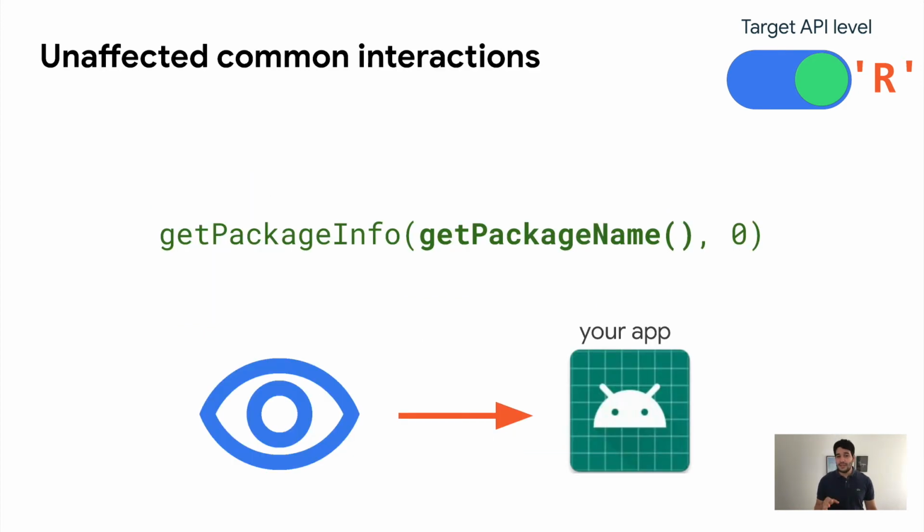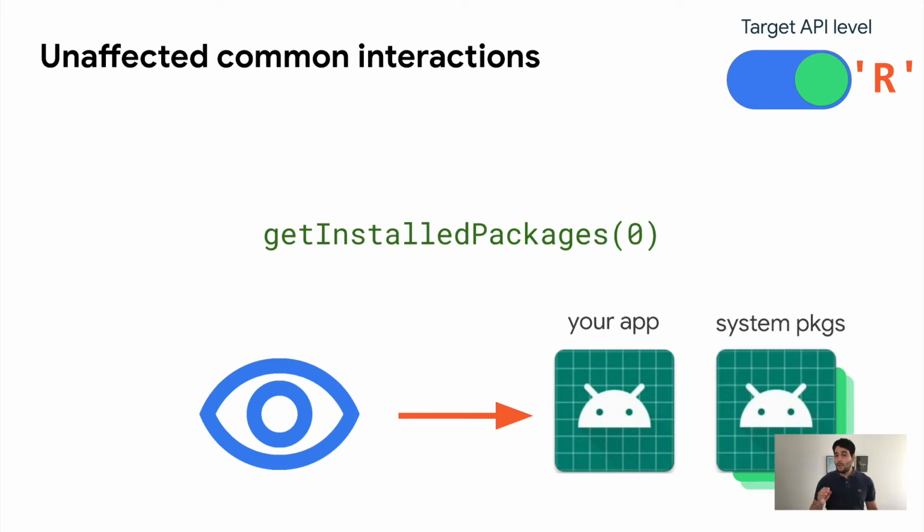If you target Android 11, this API will return the package info of your own app as expected. And it will return only the calling application and certain system packages, such as the media provider, that implement core Android functionality, but other applications won't be visible by default.